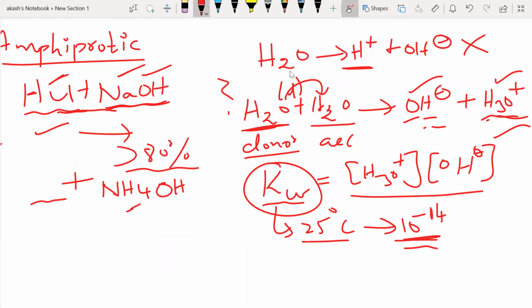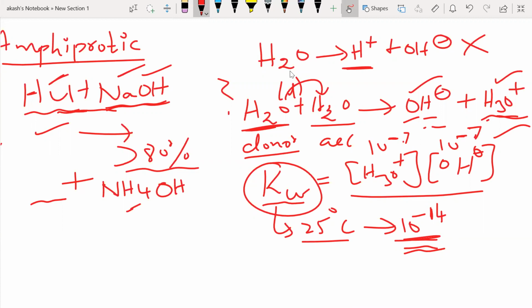So Kw would be 10 to the power minus 14 if the H plus or H3O plus concentration was 10 to the power minus 7, and the OH minus concentration was also 10 to the power minus 7. Only then will I get a value of 10 to the power minus 14.